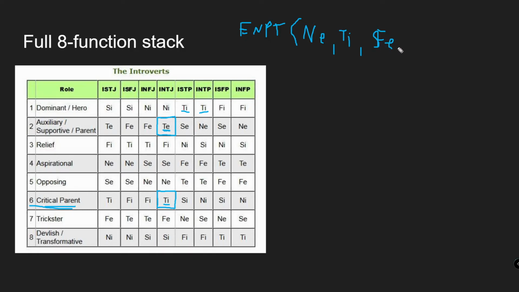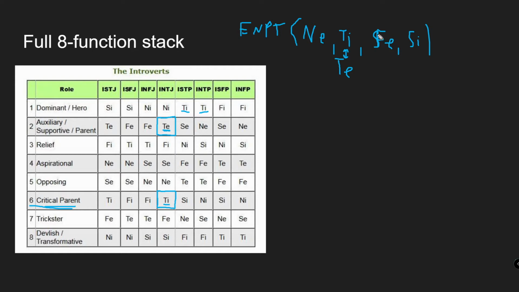FE, and then SI. Now, what is their critical parent role? That must be extroverted thinking, because auxiliary function, opposite of the critical parent.